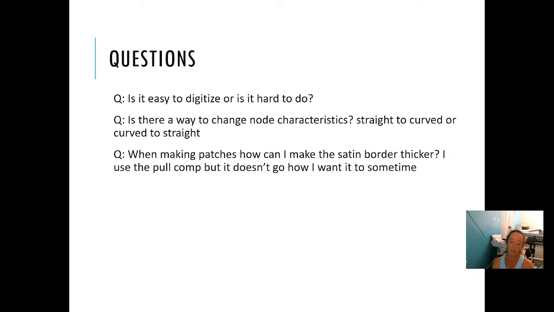The hard part is more the art, if you will, and the puzzle aspect of digitizing. When you are sewing things, we sew from the back to the front, so the background to the foreground. So if you're going to do a sky with a tree on it, you wouldn't sew the tree and then the sky. You would want the sky first and then the tree, so you can have some overlap.